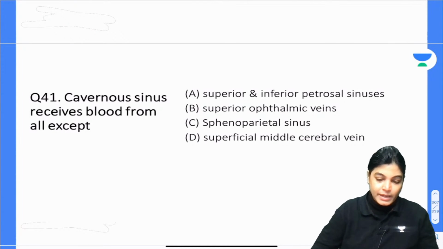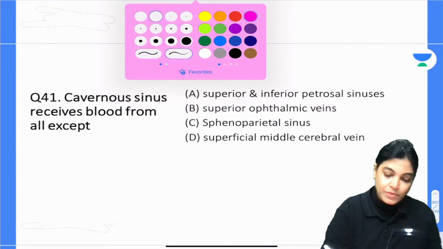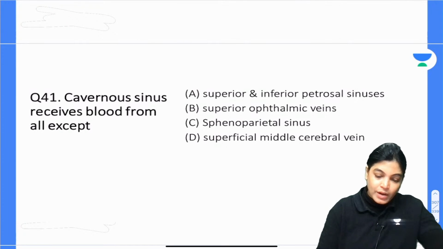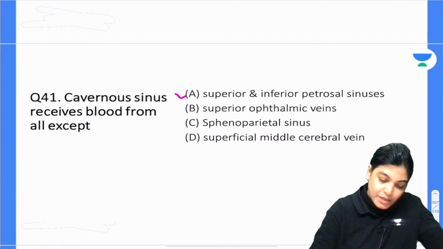So let's move on to the correct answer. My dear aspirants, if we have to pick one correct answer here, cavernous sinus receives blood from all except, we will go with superior inferior petrosal sinus.